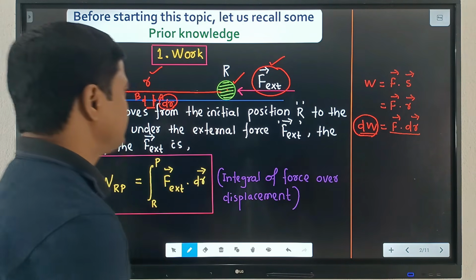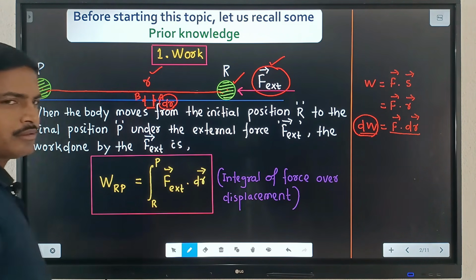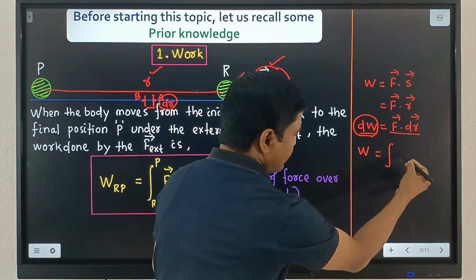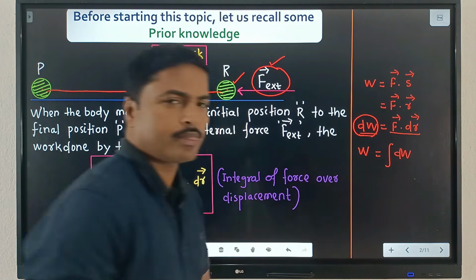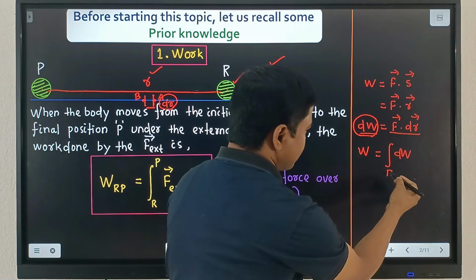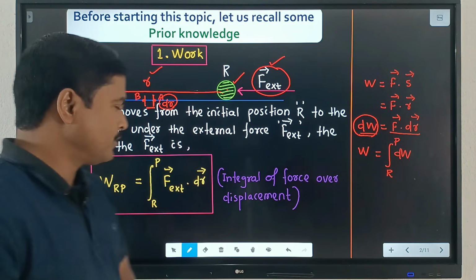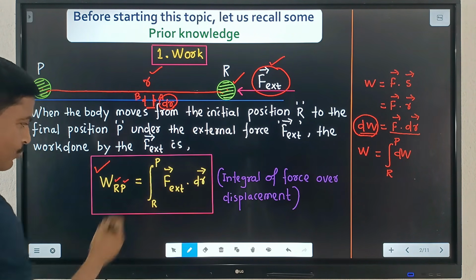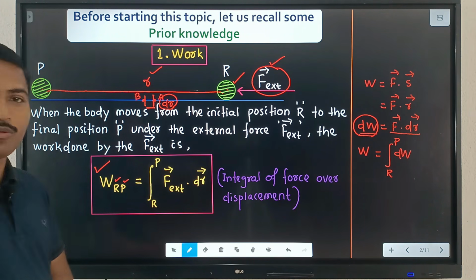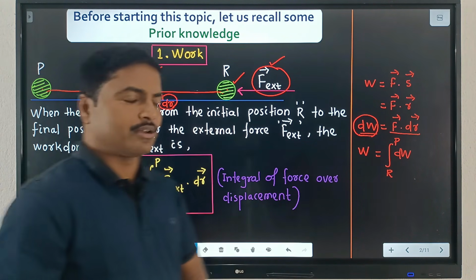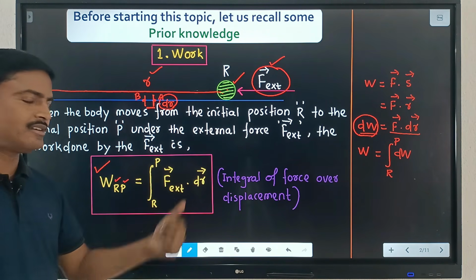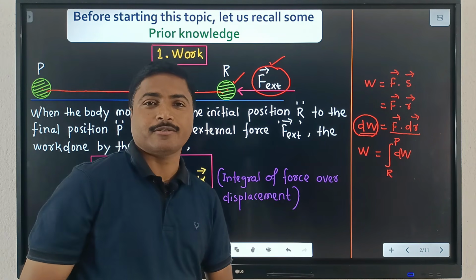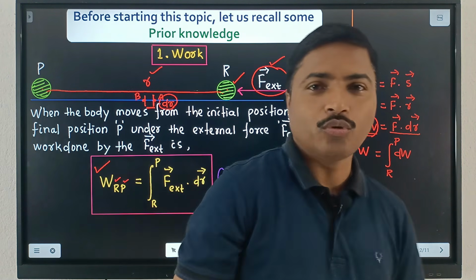But if the body moves from point R to P, then we write the total work done W as the integration of dW, with initial point R and final point P. So finally, when the body moves from point R to P, we write W_RP is equal to the integration of force and displacement, known as the integral of a force over displacement.